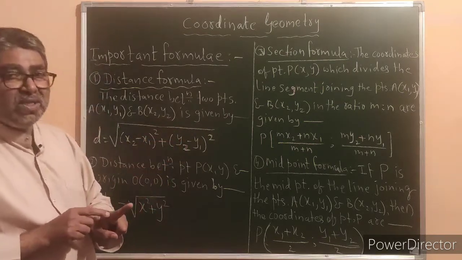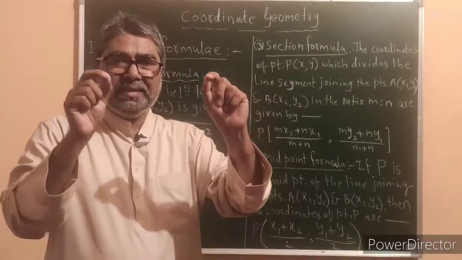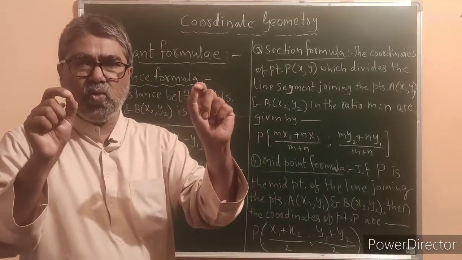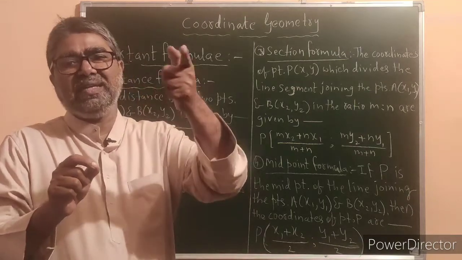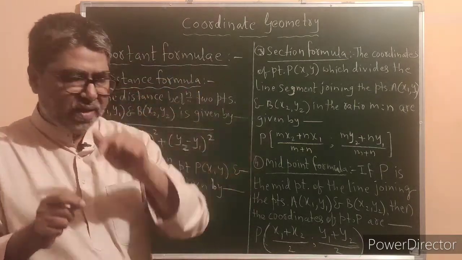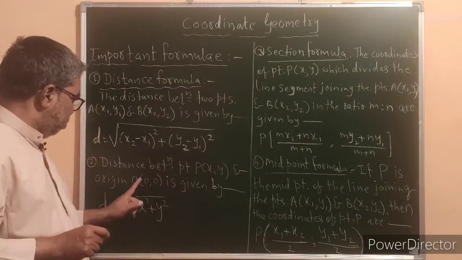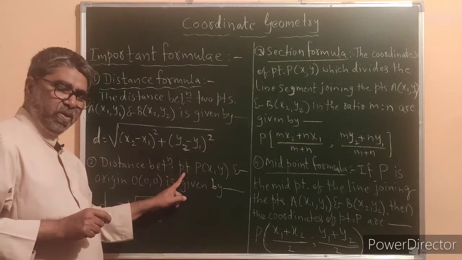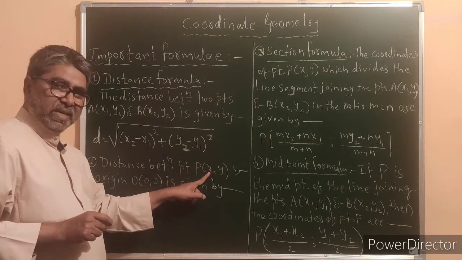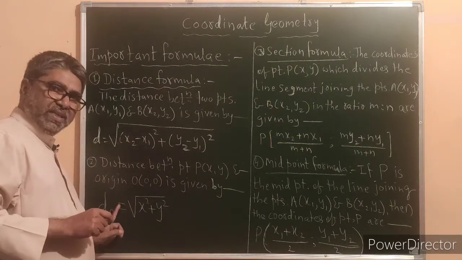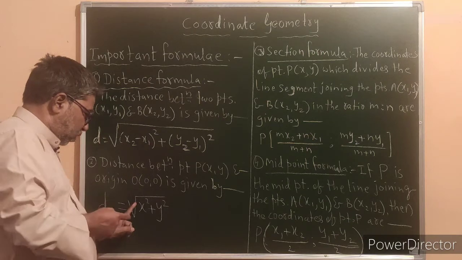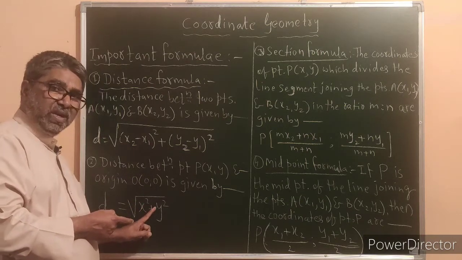This formula is used in finding the distance between two points whose coordinates are given, and the two points can be in any of the four quadrants. Now the second formula is the distance between any point P whose coordinates are x, y and the origin, given by a very simple formula, d is equal to square root of x square plus y square.